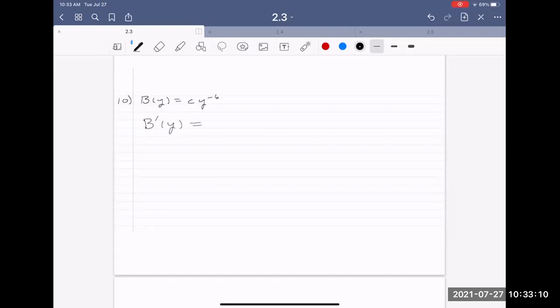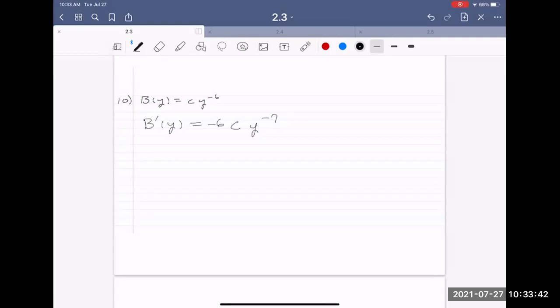The derivative of c times y to the negative 6 is the constant c, times, bring down the exponent in front, negative 6. Subtract 1 from the exponent, negative 7. And you're done. So the derivative of cy to the negative 6 is negative 6cy to the negative 7. Any questions about that?